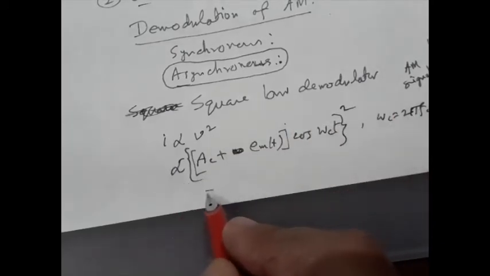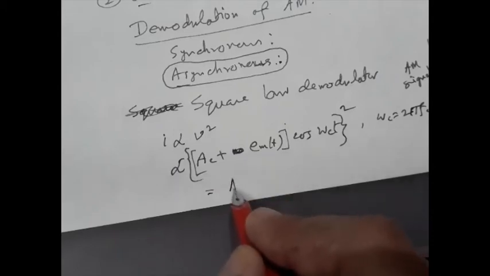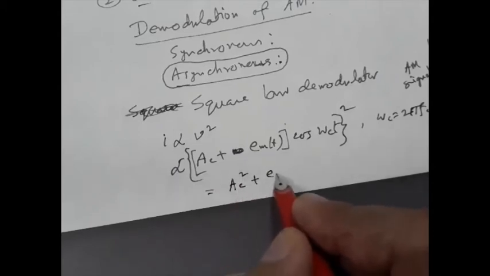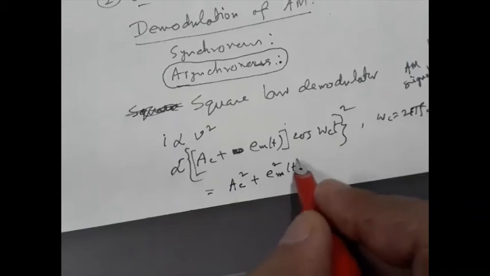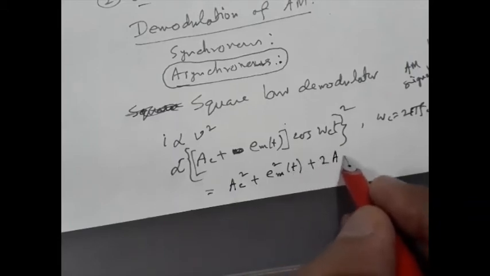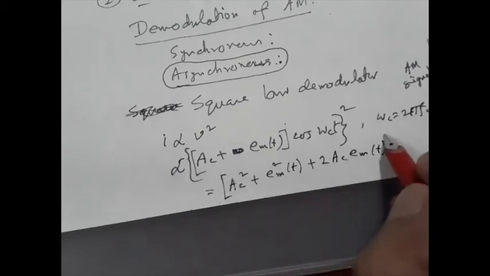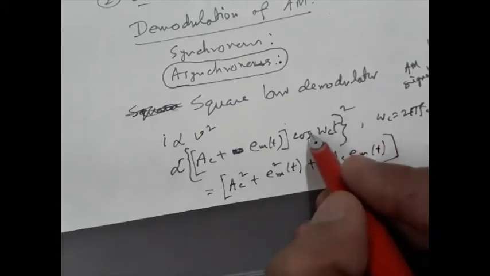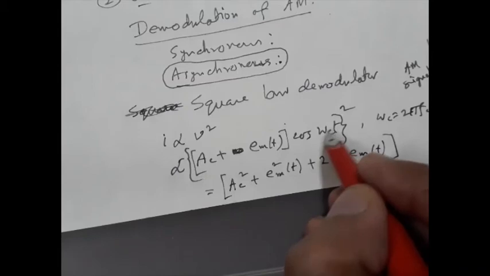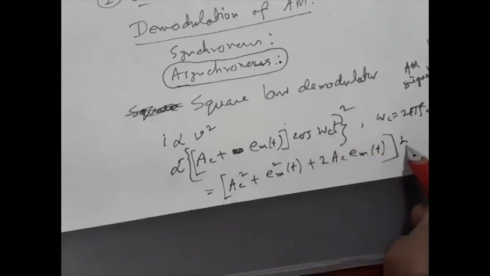This can be written as Ac square plus Em square plus twice Ac Em(t), multiplied by cos square omega c t. Now cos square omega c t means half of 1 plus cos of 2 omega c t.